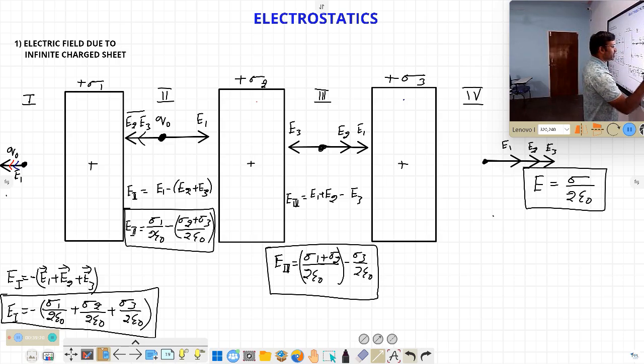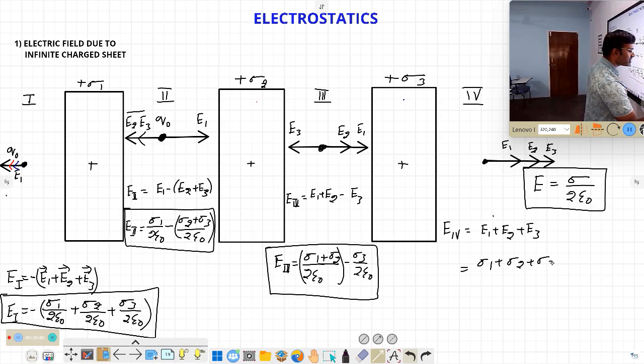So the total net electric field in the fourth region, not the third region, is E1 plus E2 plus E3. I can write this as sigma 1 plus sigma 2 plus sigma 3 by 2 epsilon naught. This is the electric field intensity in the fourth region.